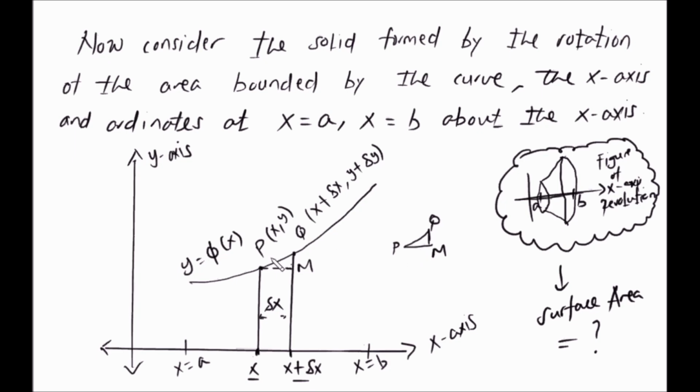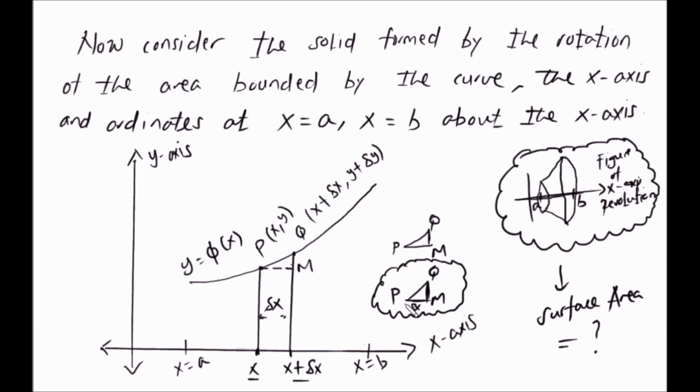Sasa kwa sababu hii PQ is a small section ya curve, it means hii PQ ni almost a straight line. So now we have a right angle triangle PQM. Ukichukua uzi mrefu ukakata kisehemu kidogo kinakuwa almost a straight line.